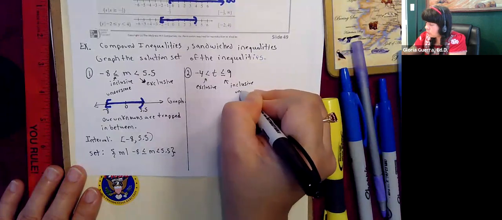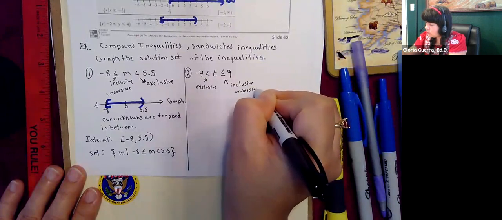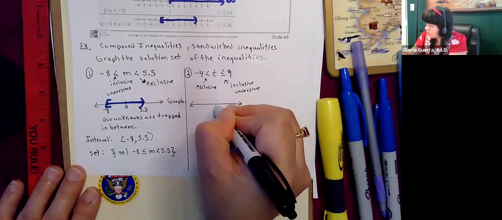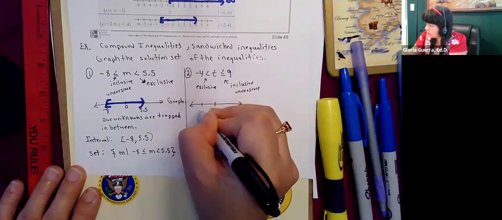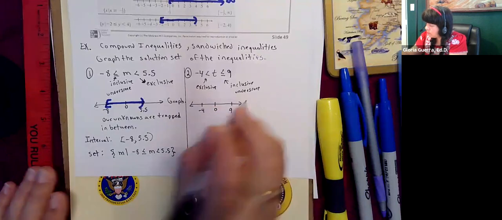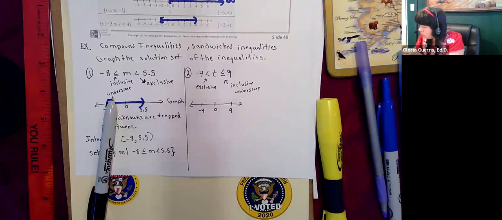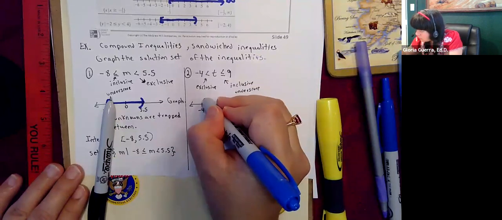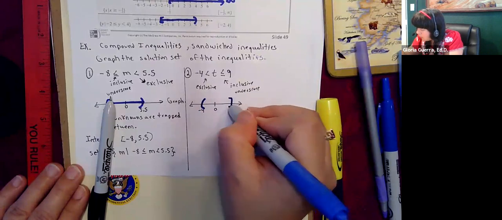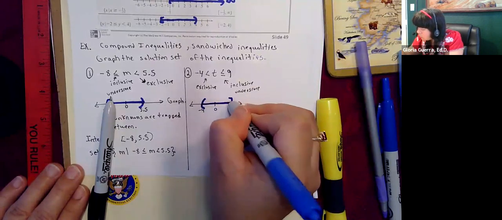You see the underscore? Okay, so you have -4 and then 9. So on the -4, you have parentheses, but on the 9, you have bracket, and shade all that in between.